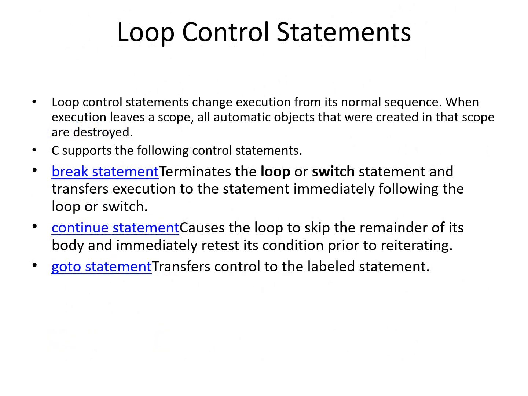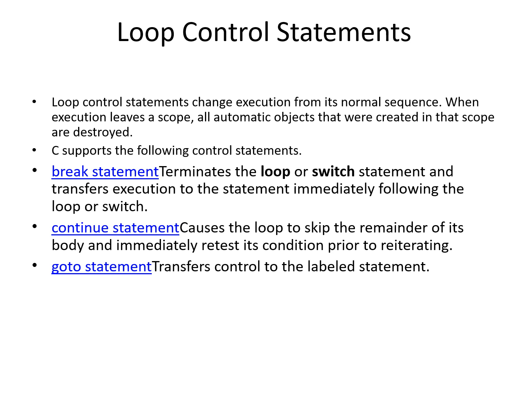Control statements. Loop control statements change execution from its normal sequence. When execution leaves a scope, all automatic objects that were created in that scope are destroyed. C supports the following control statements: break statement, continue statement, and goto statement. The break statement terminates the loop or switch statement and transfers execution to the statement immediately following the loop or switch.